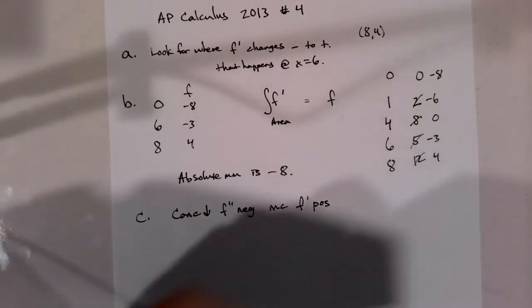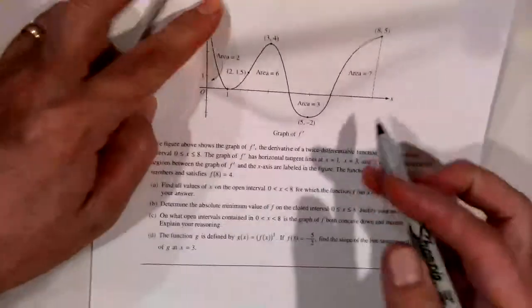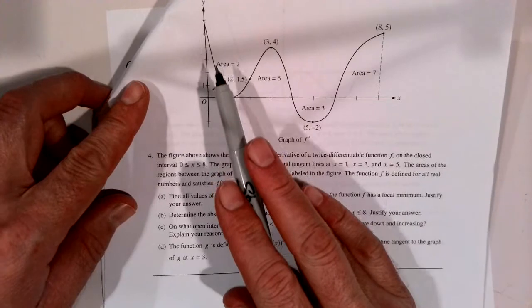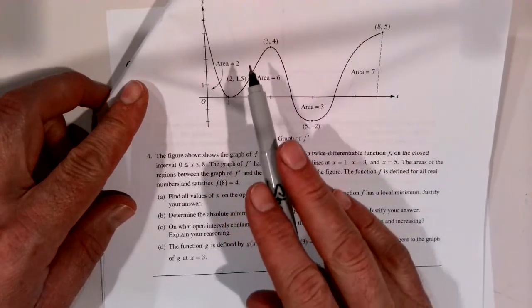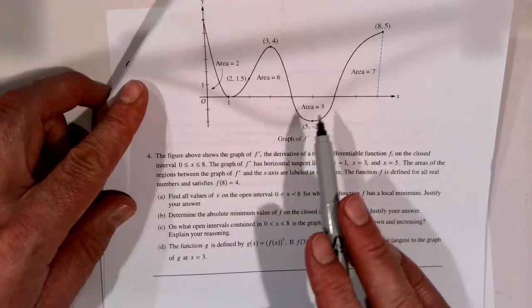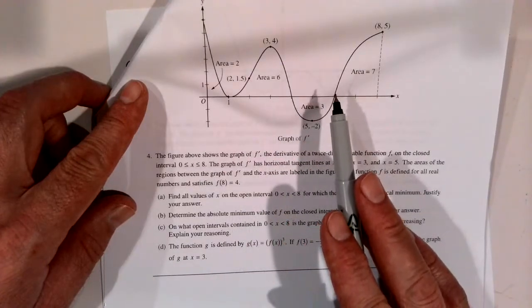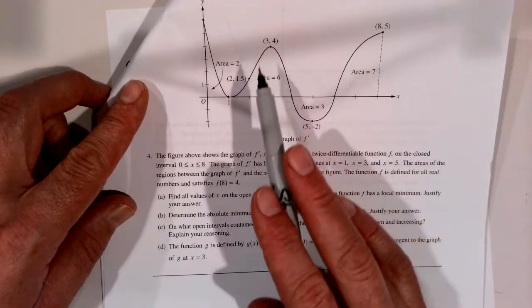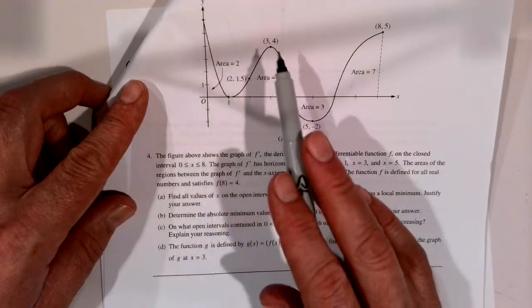So let's consider where f prime is positive. This is f prime, and it's positive here because it's above the x-axis. It's negative here, so the function's decreasing in that area. And then it's increasing here. So we have lots of areas where it is increasing.